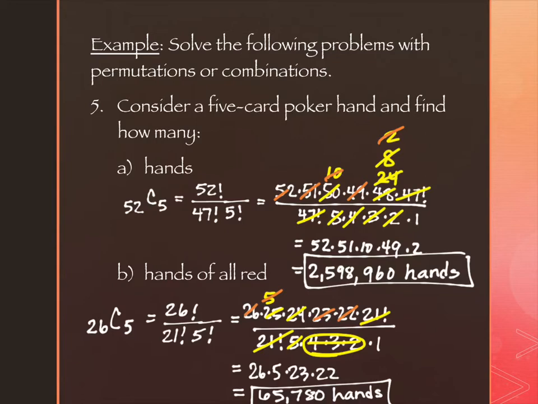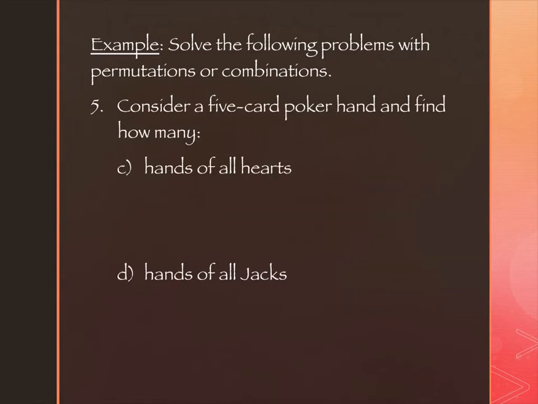Okay, now we're going to take a look at having a hand that has all hearts. So again, remember I called that a flush. A hand with all hearts is a flush. So how many hearts do you have? 13. So we're choosing from 13 now. So again, we've decreased the deck by half from the 26 we had before. So 13 on top and 5 on bottom.